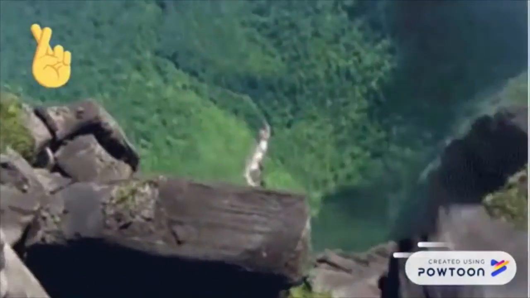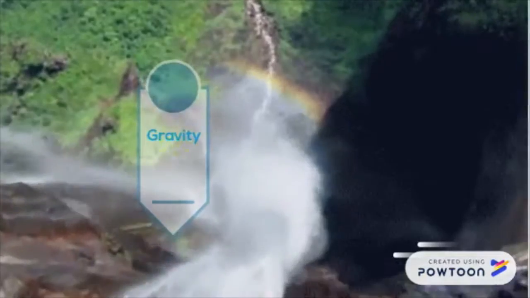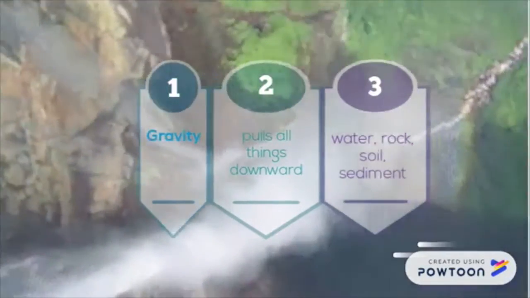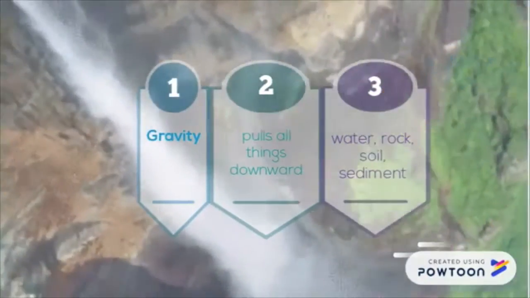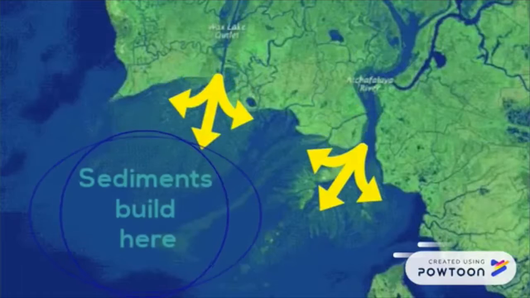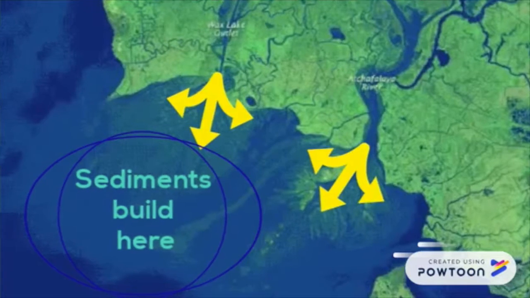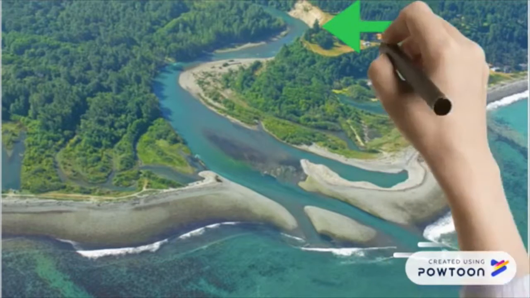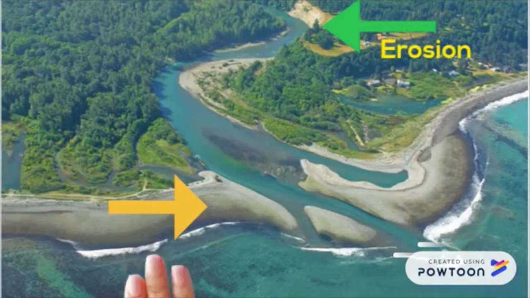Gravity pulls all things downward: water, rock, soil, sediment. Sediments are carried downriver where they are deposited. Erosion is when land wears down. Deposition is when land builds up.